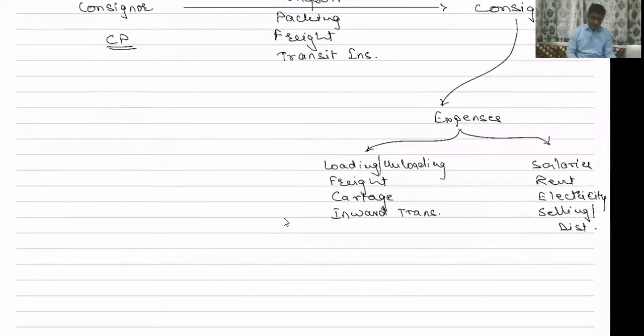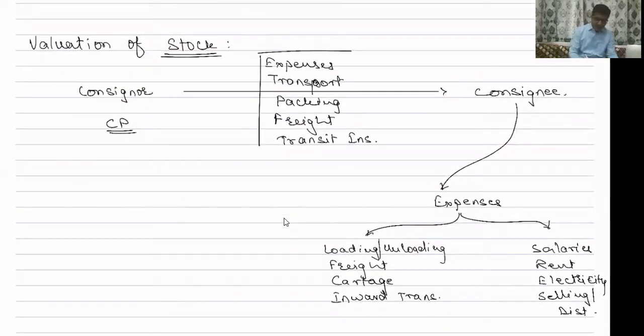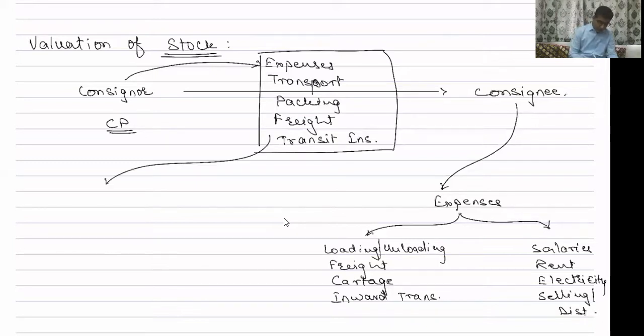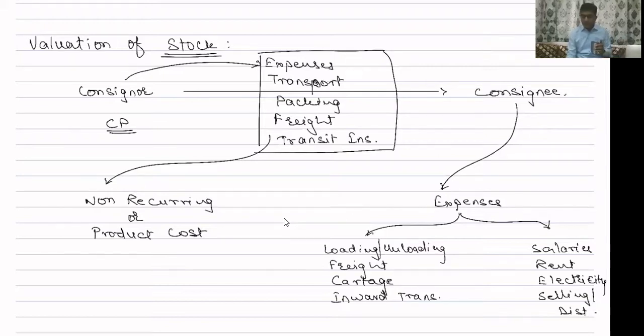Right? Now, as far as the expenses which are incurred by consignor, these all expenses are kind of one-time expenses. And therefore, we call all these expenses as the non-recurring expenses or the product costs. All expenses incurred by consignor related to the goods is what we call as non-recurring or product costs.